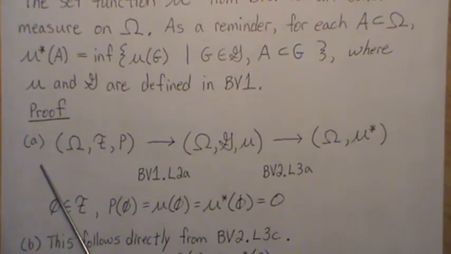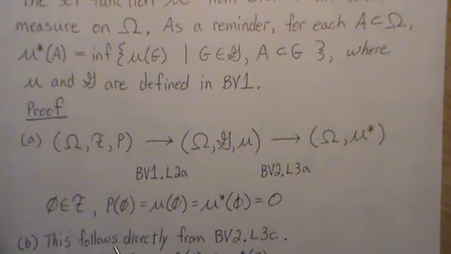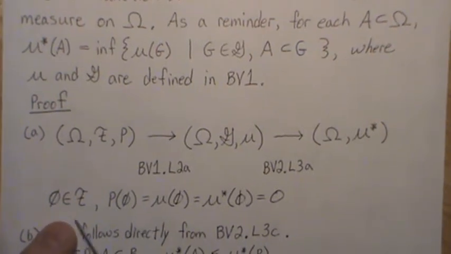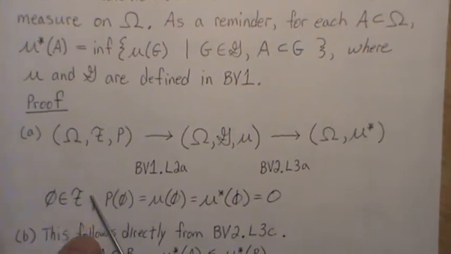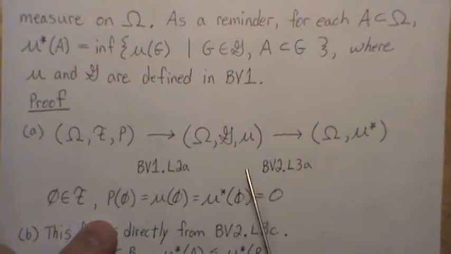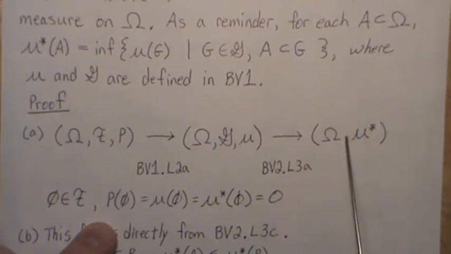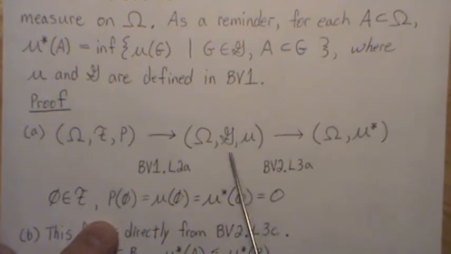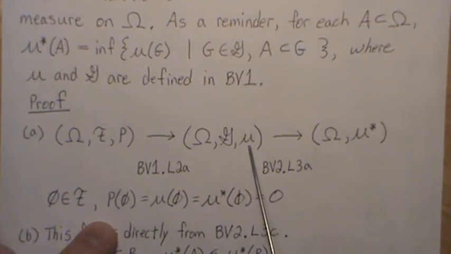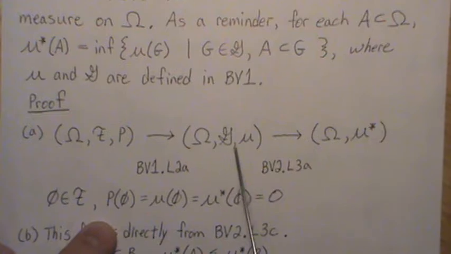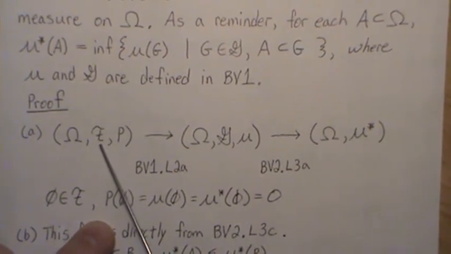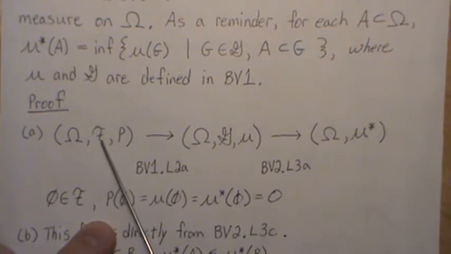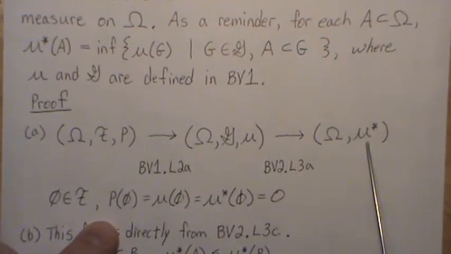So to prove part A, that it's an outer measure, we need to show that the measure of the empty set is 0. We do know that the empty set is in this field F, and we've proved in BV1 and BV2 that this measure restricted to G is equal to mu, and mu and P are equal when we restrict the sets to F. So if a set is in F, all three of these measures are equal.